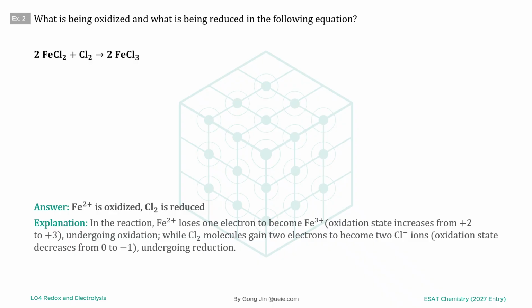Chlorine gas goes from 0 to -1. It gains electrons, so it is reduced. As you can see, identifying oxidation and reduction becomes really straightforward once you focus on electrons and oxidation states.